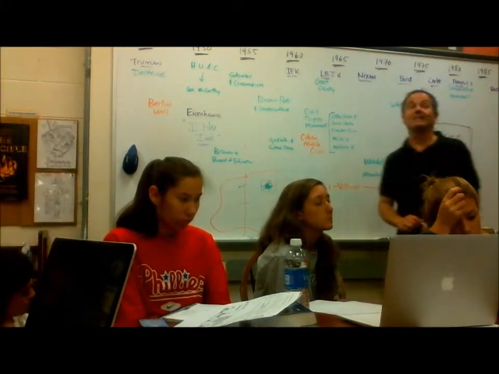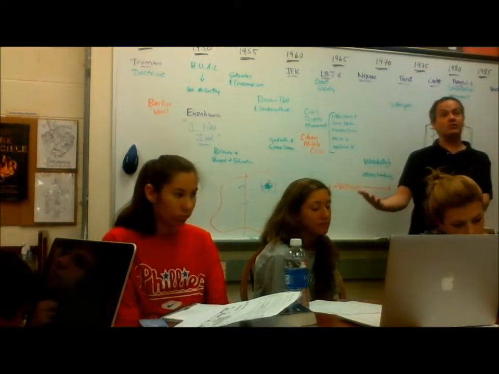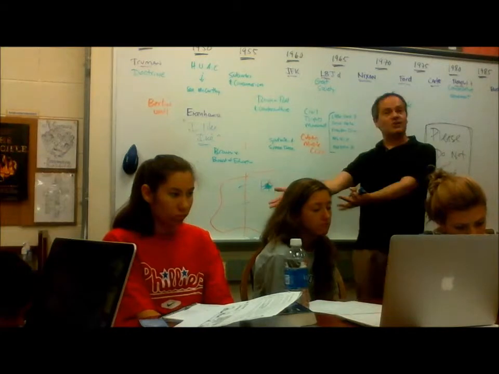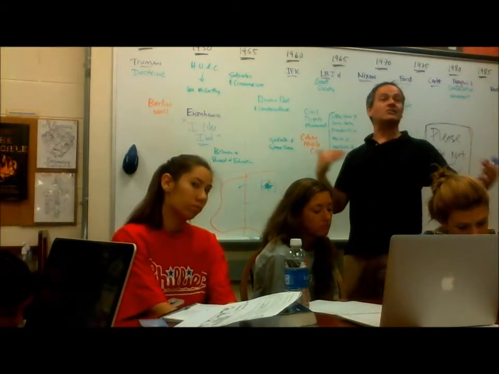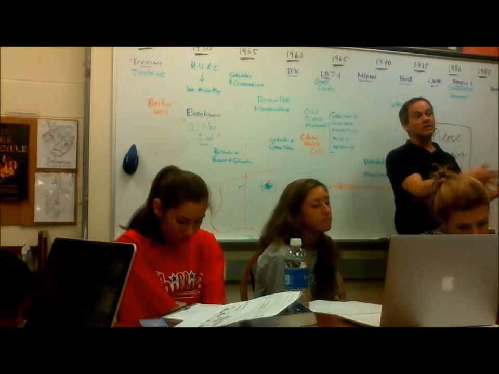The same thing happens at lunch counters all across the South. People go into these lunch counters, sit down at the counter, and refuse to get up. And the waitresses are like, I can't serve you. And they're like, I'm just going to sit here, and you can't make me move. So that starts to spread all through the South until eventually policies start to change.